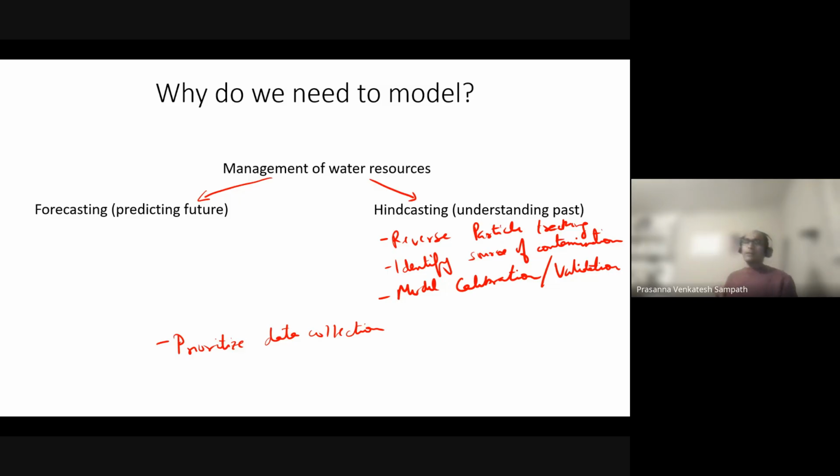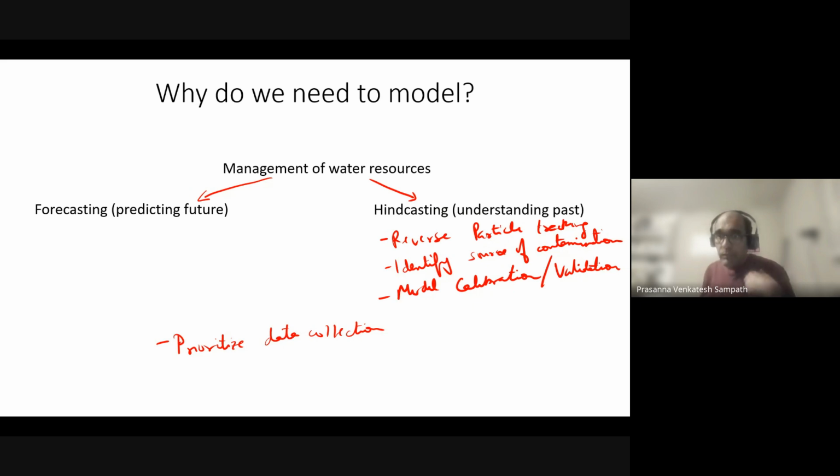Correct? Now, before I build the model, I have to have some understanding of what is the behavior in this particular region, how much data I have from the past, which I can use to build the model, right? You can't just go to a shop and say, give me a groundwater model. Nobody has it.